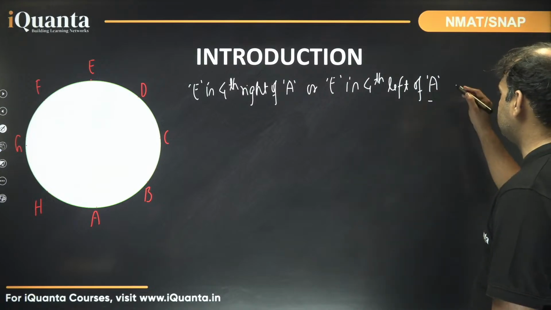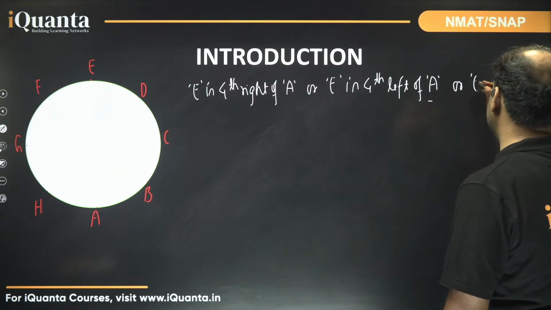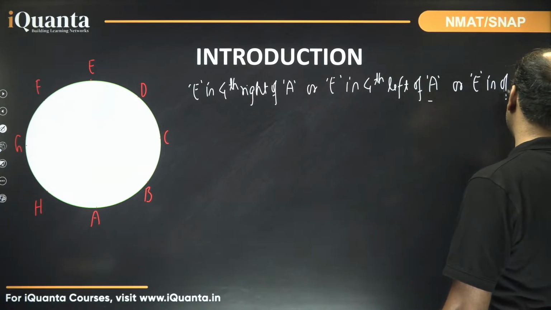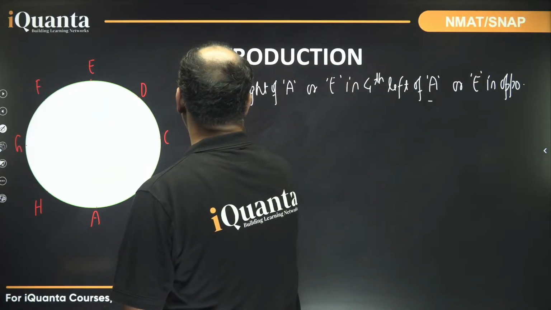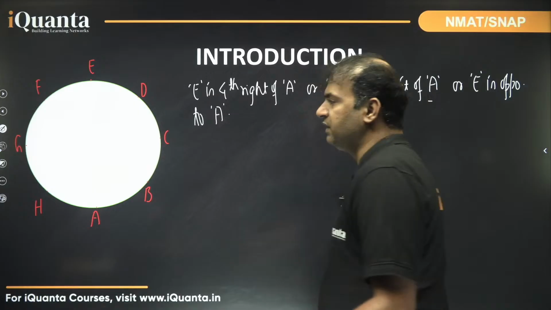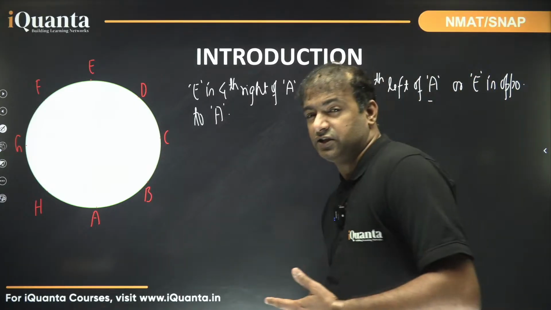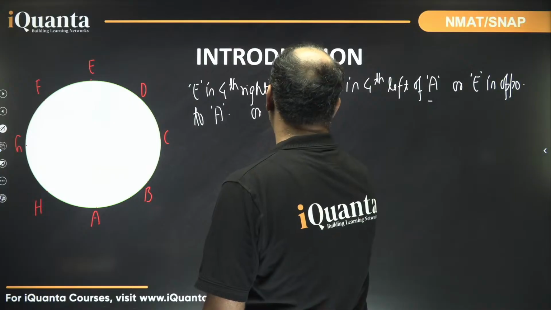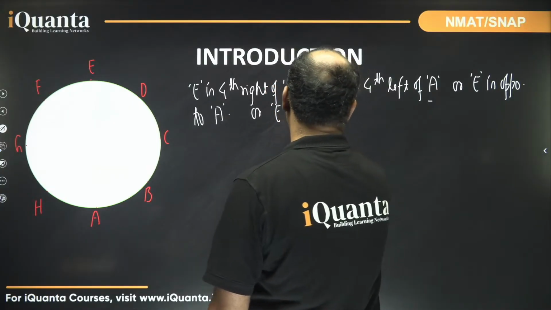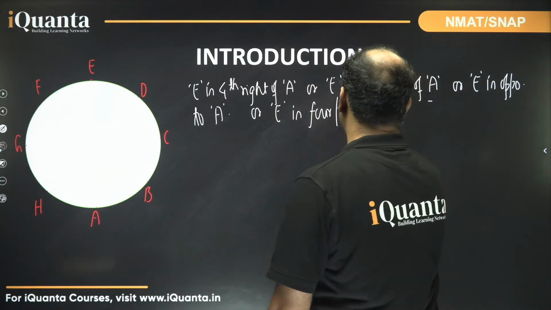So we can also say that E is opposite to A, all right? E is opposite to A. This is the reason why the distance of E from A is the same on both sides, all right? So we can also say here that E is 4 places away from A. E is 4 places away from A.